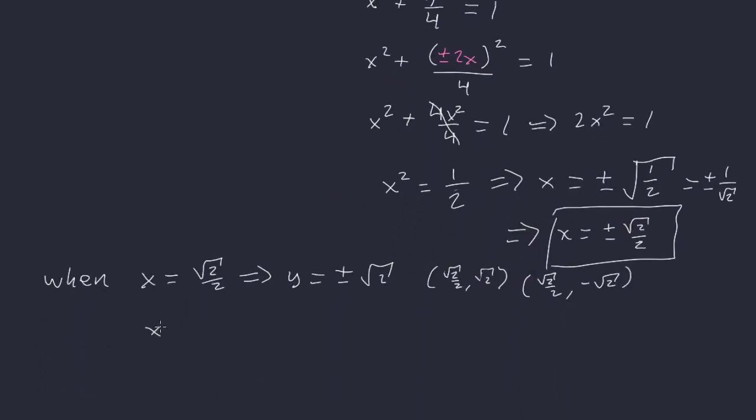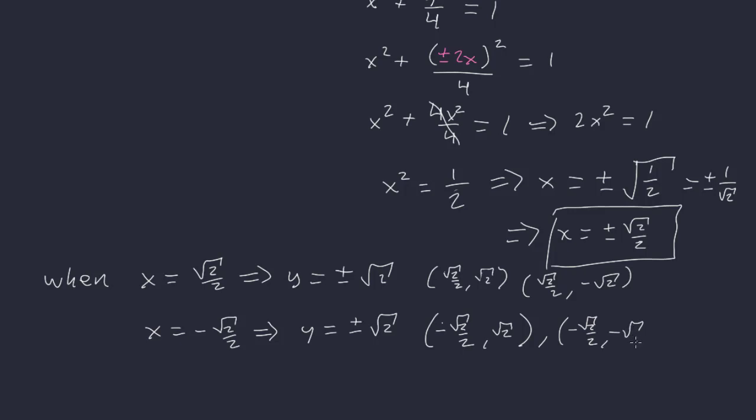And then when x is negative root 2 over 2, then we get y is, once again, plus or minus root 2. So we get negative root 2 over 2, comma root 2, and negative root 2 over 2, comma negative root 2.